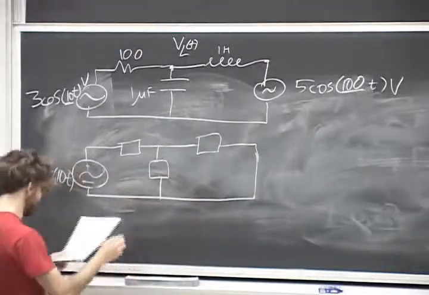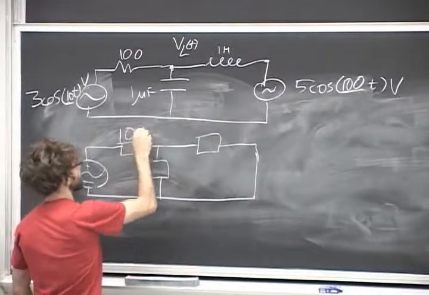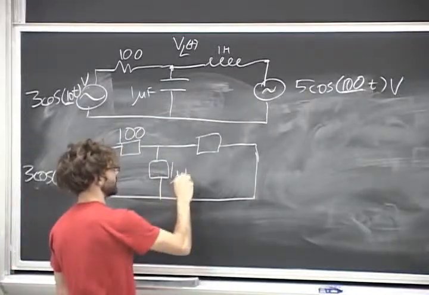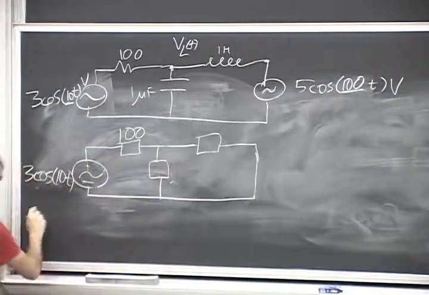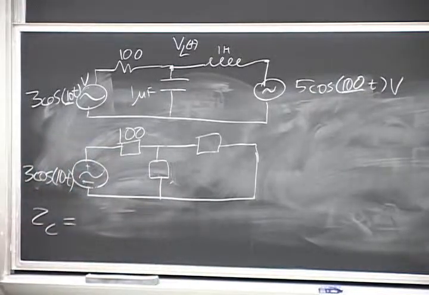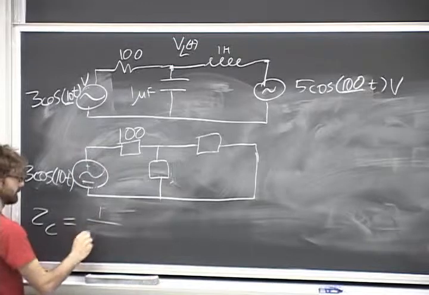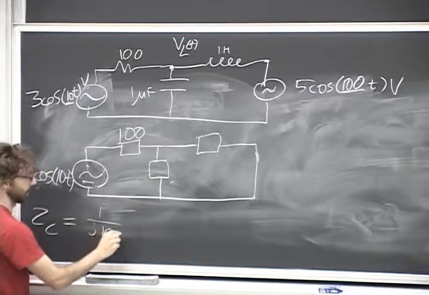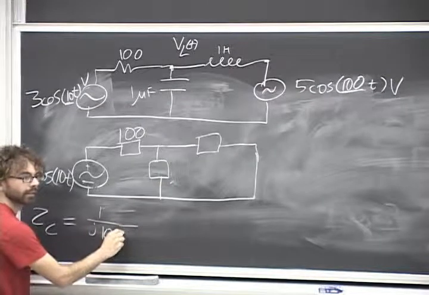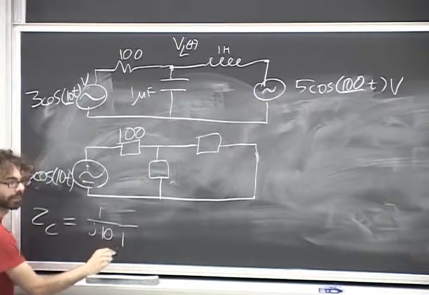Yeah, complex impedances. Okay. So 1 microfarad. What does this thing turn into? So let's say ZC is what? Omega is what? What's C? 1 micro. What do you want to do though?